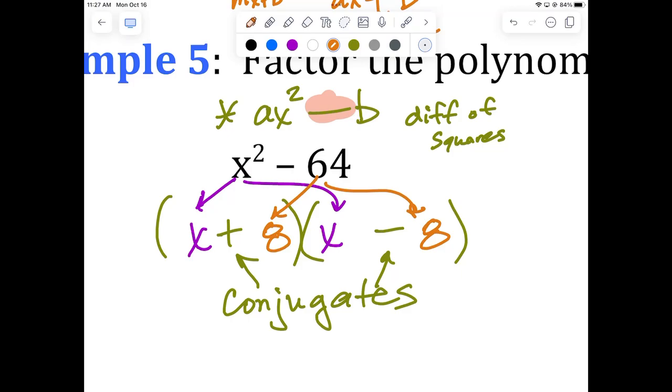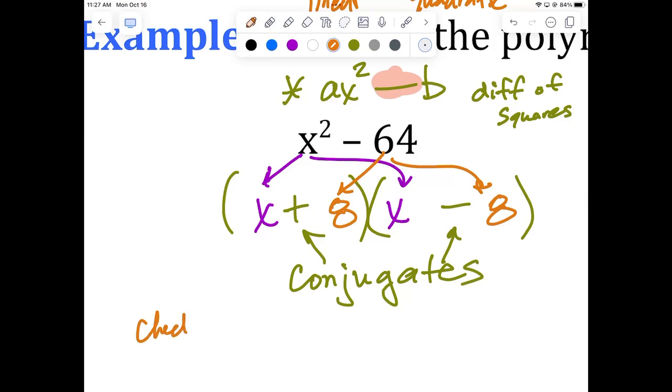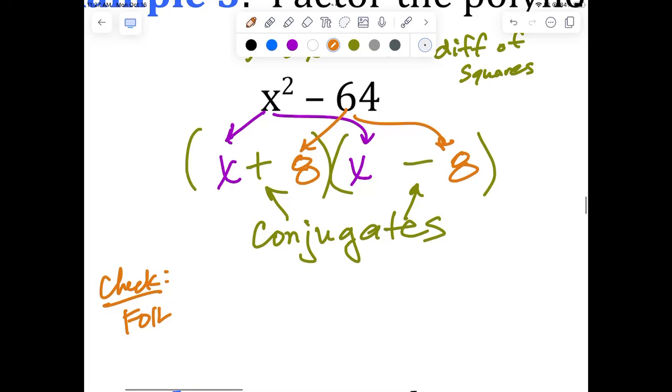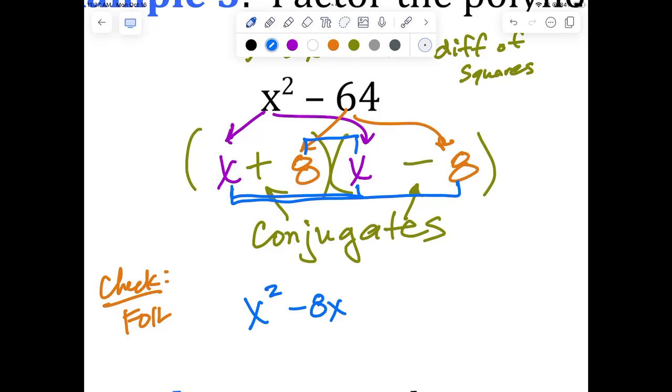Now, why does that work? Let's check it. We could FOIL this one, can't we? Let's FOIL it and see why that works. The first is x times x, that's x squared. The outer is x times negative 8, that's minus 8x. The inner is positive 8 times x, that's positive 8x.